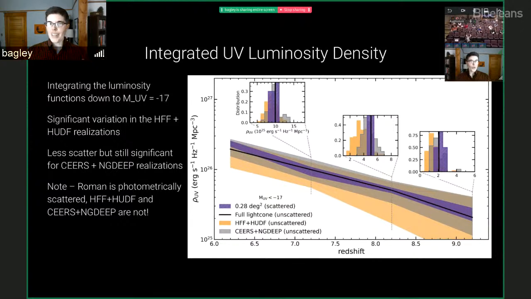And it's really important to point out that these Roman results are scattered. They've been photometrically scattered and reobserved. These Hubble and JWST results are not. They're completely unscattered. So this is the best case scenario for the JWST results and potentially the worst case scenario for Roman. And it's really exciting to see how much better Roman does with this type of deep field.